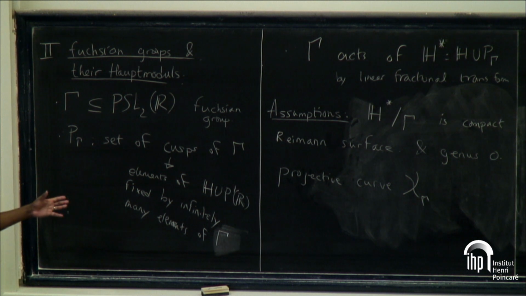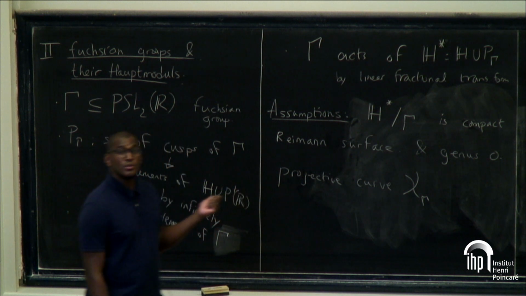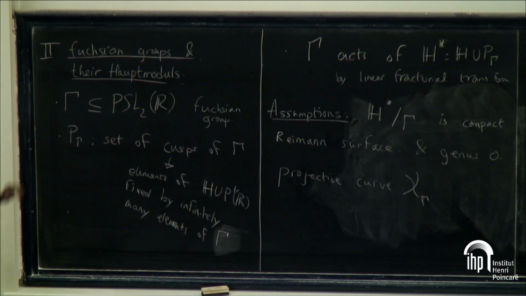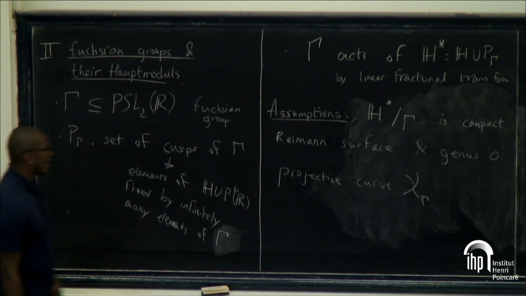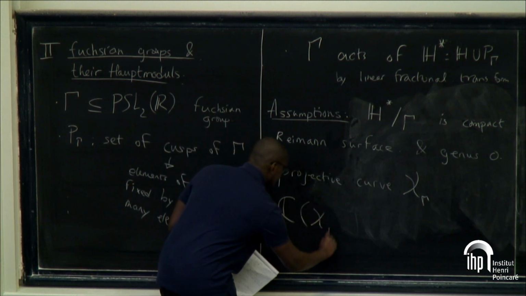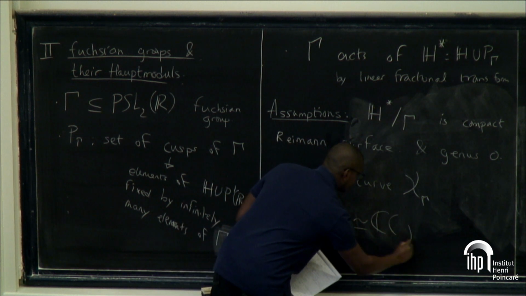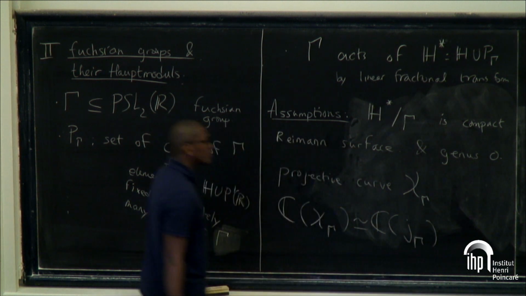And the function field of this curve is isomorphic to the field of automorphic functions for gamma. And as we have a genus 0 curve, it's generated by one function called the Hauptmodul for gamma. So let's just say that we can take J gamma.